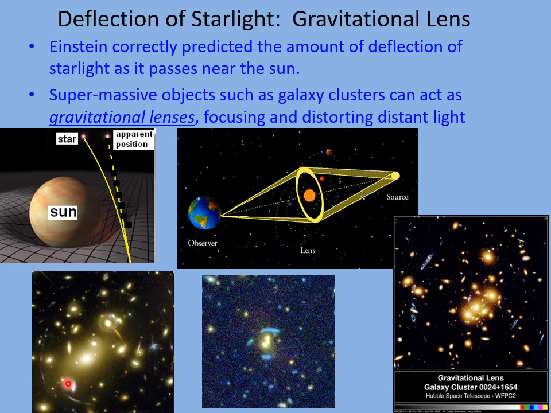So you can see these streaks of light in this picture. There are multiple streaks. This is due to the distortion of those light waves as they bend and warp coming around the curved space from this cluster. And these are some other pictures here showing gravitational lenses due to galaxy clusters.